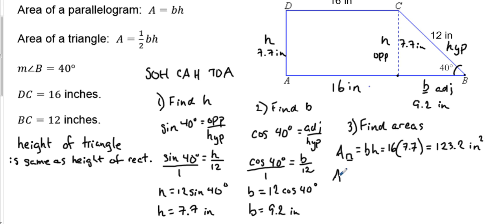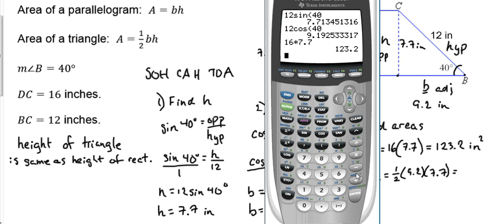Next up, we're going to find the area of the triangle. So 1/2 base times height, 1/2. Now, the base of the triangle, we just found that, 9.2. The height of the triangle, 7.7. Remember, we said over here the height of the triangle is the same as the height of the rectangle.